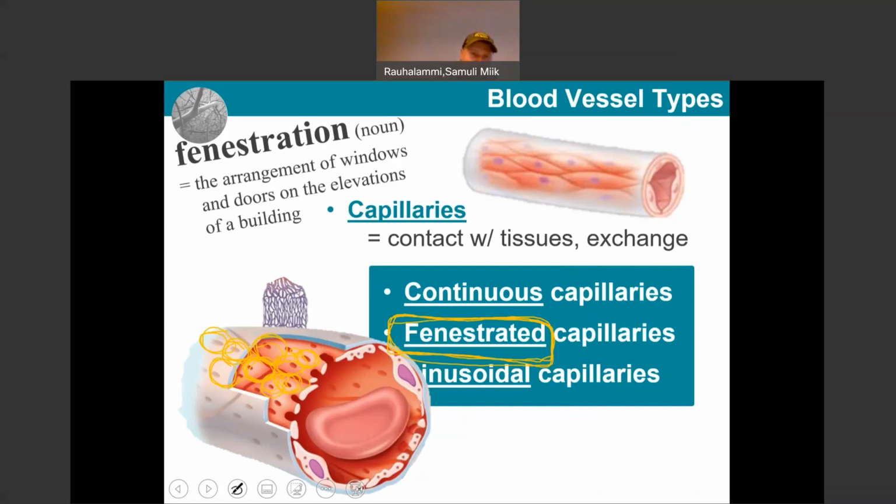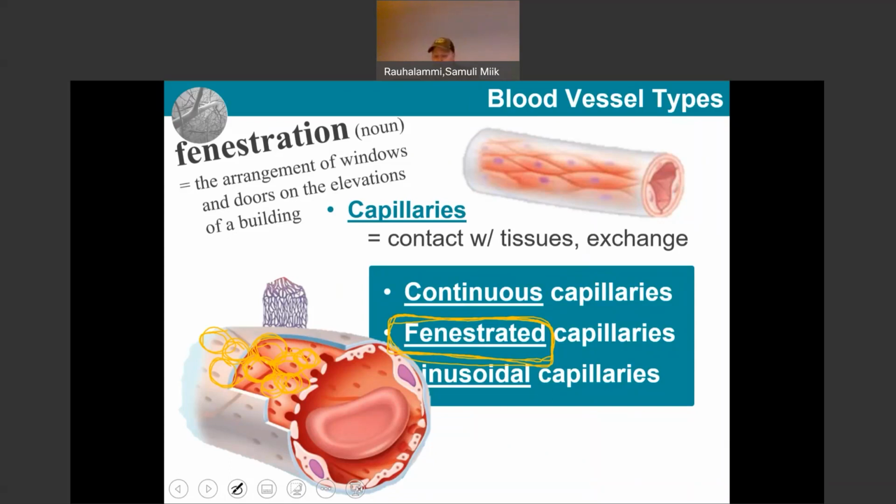And I believe, though I have to say I haven't checked, so I might be a little wrong, the term fenestration refers to windows, and I think to a French word for window. So you can think of these fenestrated capillaries as having little windows on their vessel wall. So that's where the term fenestrated comes from.